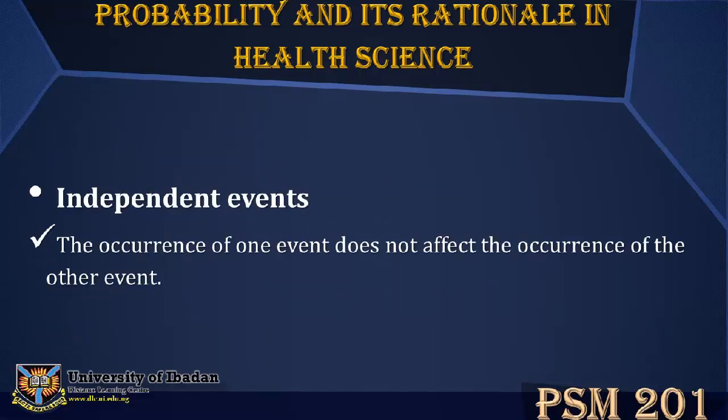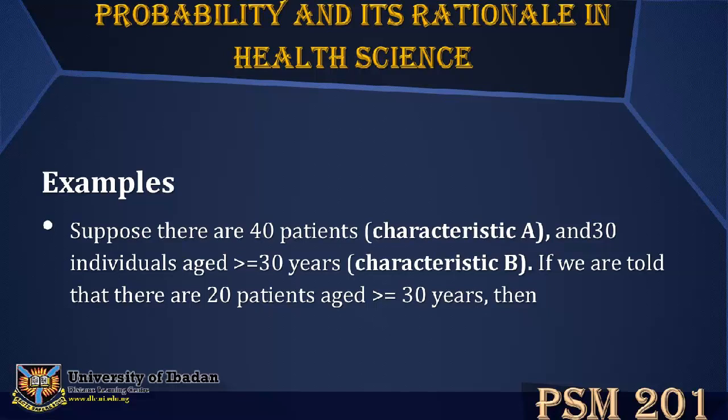Independent events. The occurrence of one event does not affect the occurrence of the other event. Examples. Suppose there are 40 patients, characteristic A, and 30 individuals, age less than 30 years.